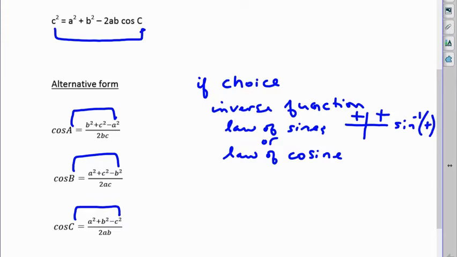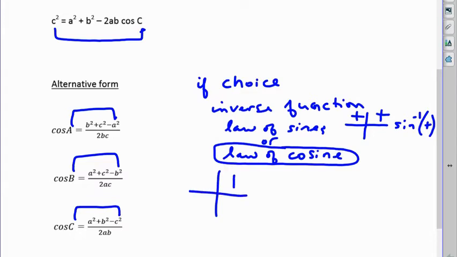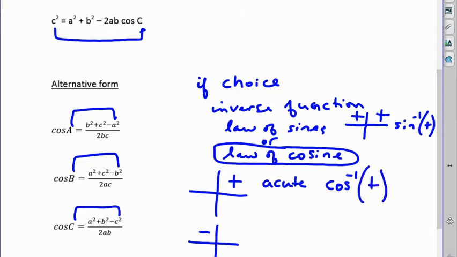But law of cosines, which we definitely prefer, has more clarity because positive ratios for cosine will be in quadrant 1 and negative ratios for cosine will be in quadrant 2. So if you have an acute angle, the ratio going into your inverse cosine will be positive.